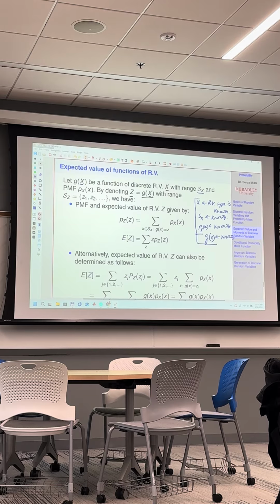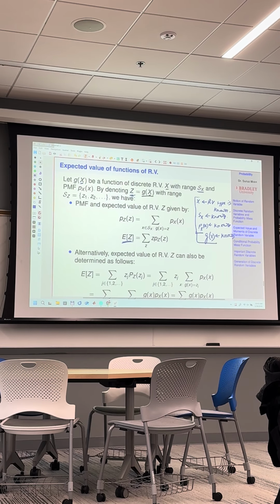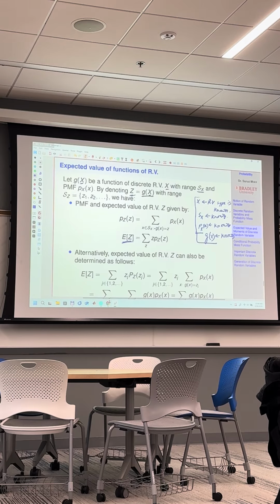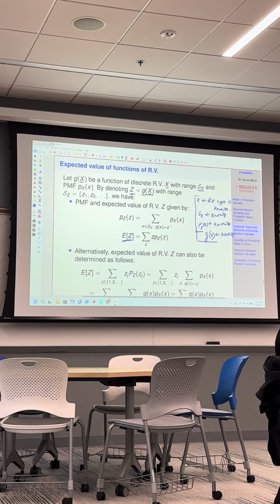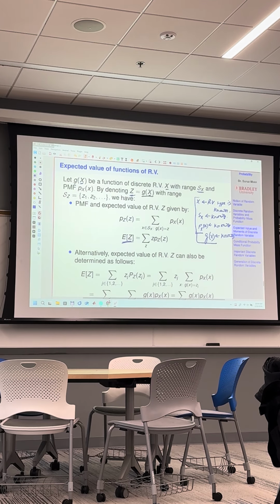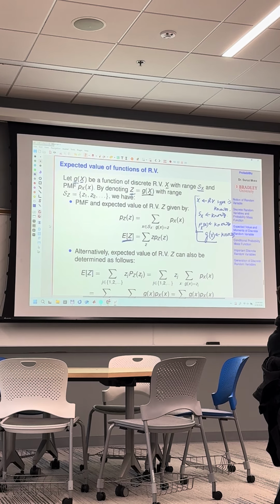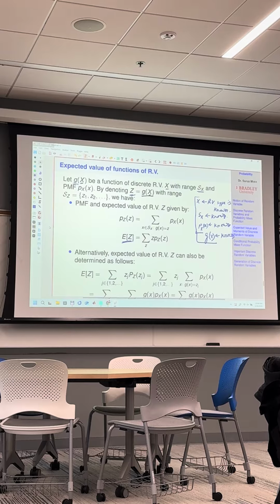If you know these quantities, then we want to find the range of random variable Z, the PMF of random variable Z, and then the expectation of random variable Z. The problem here is that you are given a function of a random variable, and you want to find the PMF and mean of a random variable that is a function of another random variable.